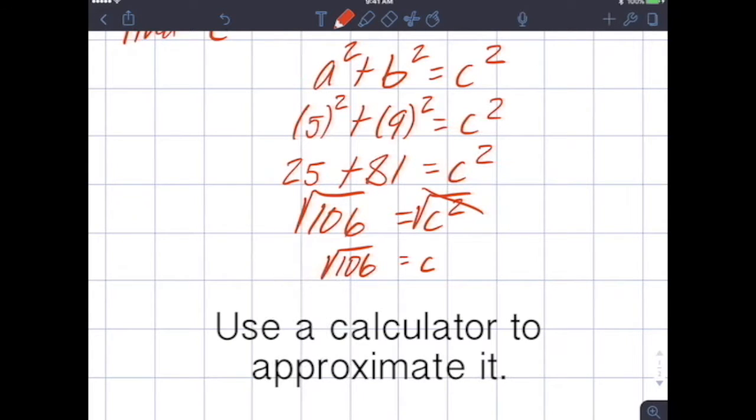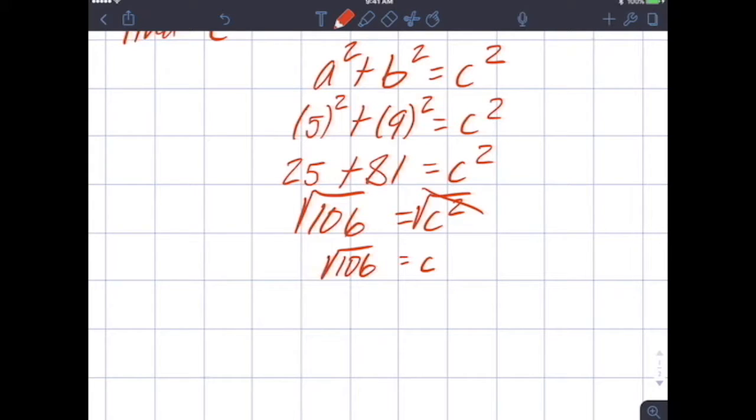So I'm going to check it really quick. So I have that C is approximately, because when you use your calculator, it's an approximation, 10.29. Let's just round up. C is approximately 10.3.